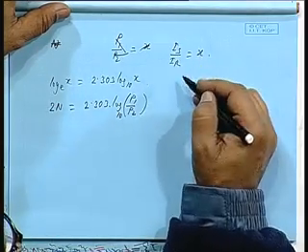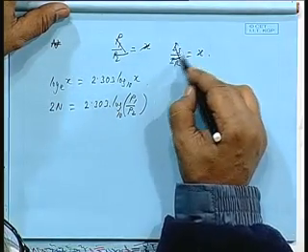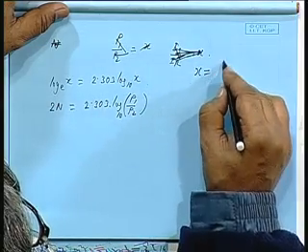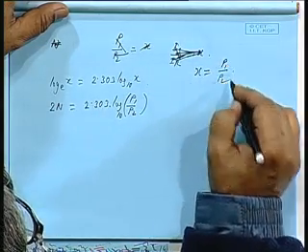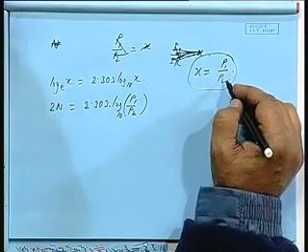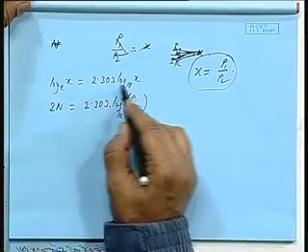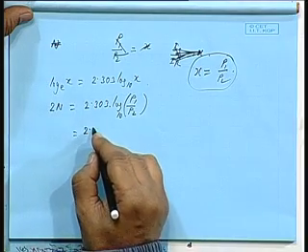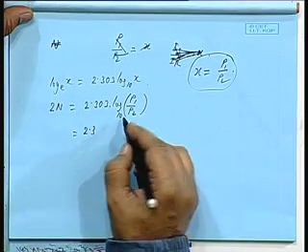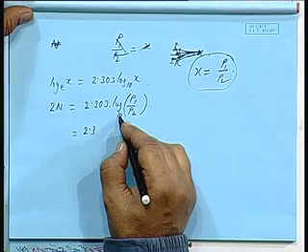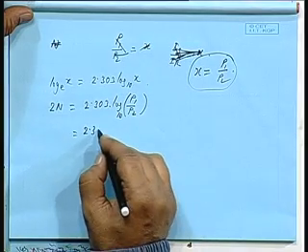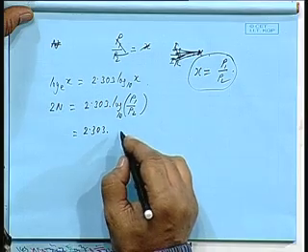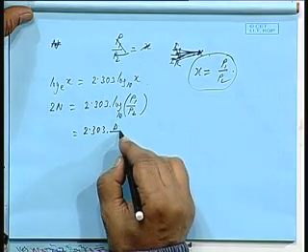I am extremely sorry, I was starting with this ratio P1 by P2. So, if P1 by P2 is x, then it will be simply like this. So, this will be 2.303, this is in decibel.